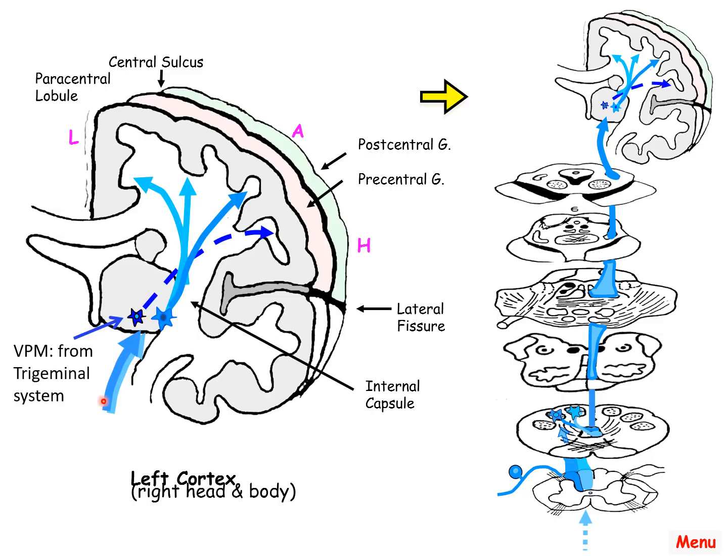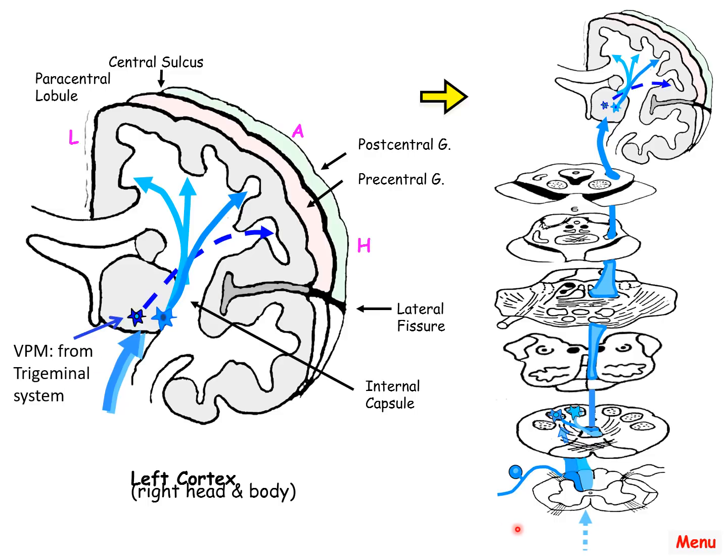So they synapse in the thalamus, and from the thalamus they distribute over the postcentral gyrus, with the leg most medial and the arm more lateral and the head most lateral. Those from the head are coming through this dark blue line that are coming from the trigeminal system that we see over here.